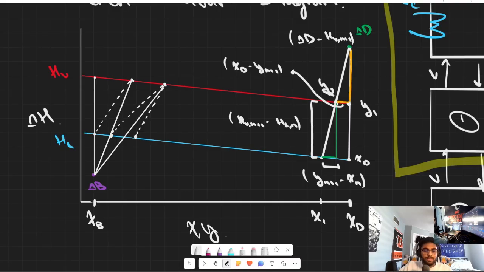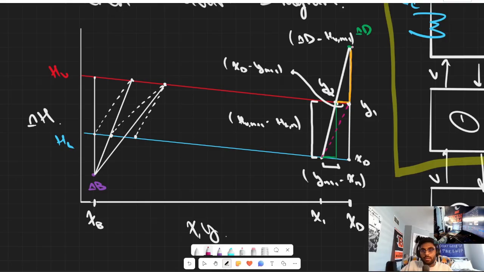Now, what is this idea of tie lines? Well, this is basically saying that this point here and this point here, these are two compositions that are in equilibrium with each other. And that's also present in our rectifying section too. So see, if you draw a tie line here, you find these 2 points are in equilibrium.